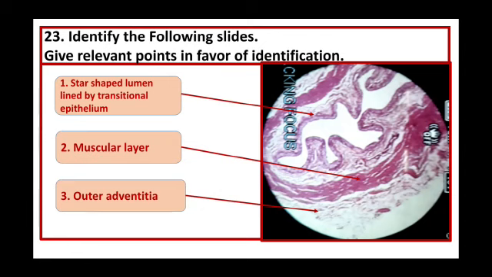A star-shaped lumen has been focused, which is lined by the transitional epithelium. A thick muscular layer is seen, and outermost adventitia has been focused.